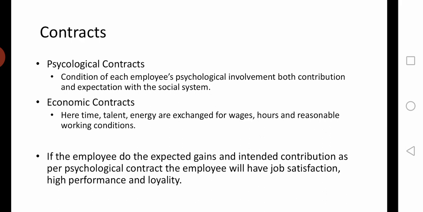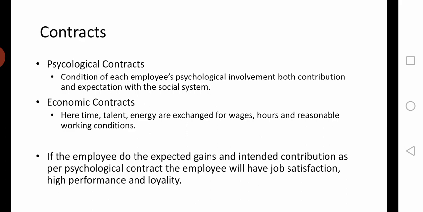The economic contract is where time, talent, and energy are exchanged for the wages, hours, and reasonable working conditions. So these are the two contracts. And now we will see what that means.